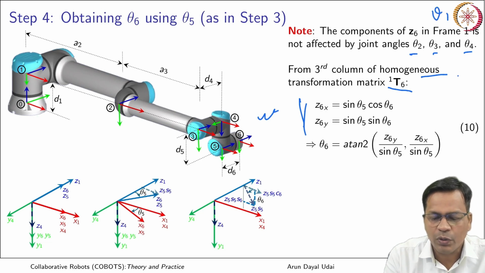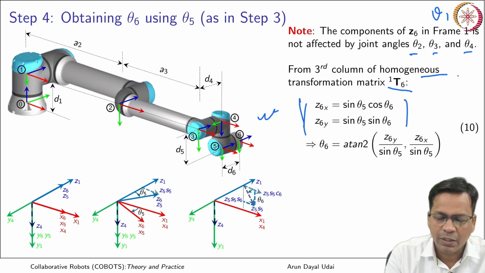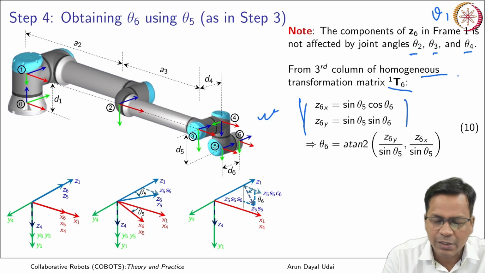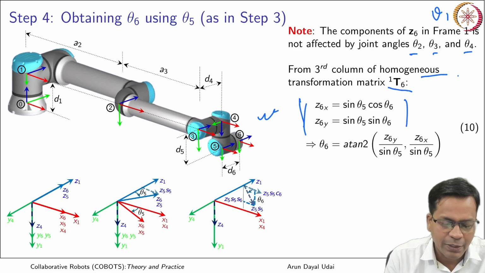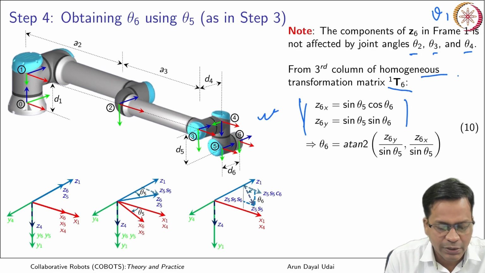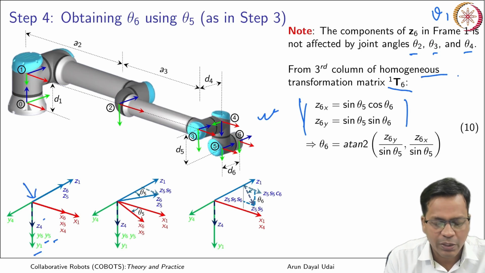So 2, 3, 4 is not present here, theta 1 is not there, so it is only 5 and 6 that will come here. That is done. Now let us understand the exact value of that. So this is how all the frames are oriented initially when there is no rotation. It is in the default state. So Z1, Y6, Y5, Z4 all are just copied to one single location.